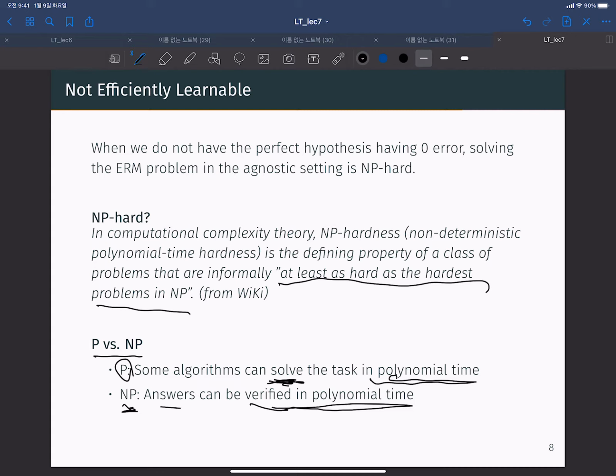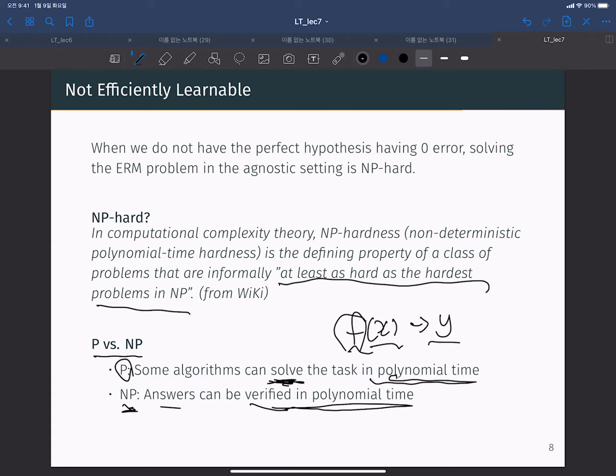What this means is, if we can make an algorithm f such that f(x) always gives our desired y, and we can find such a function f in polynomial time, then the task is a P task. But if we don't know how to find such an f, but we can easily verify whether this mapping is true or not, then we say this is NP.